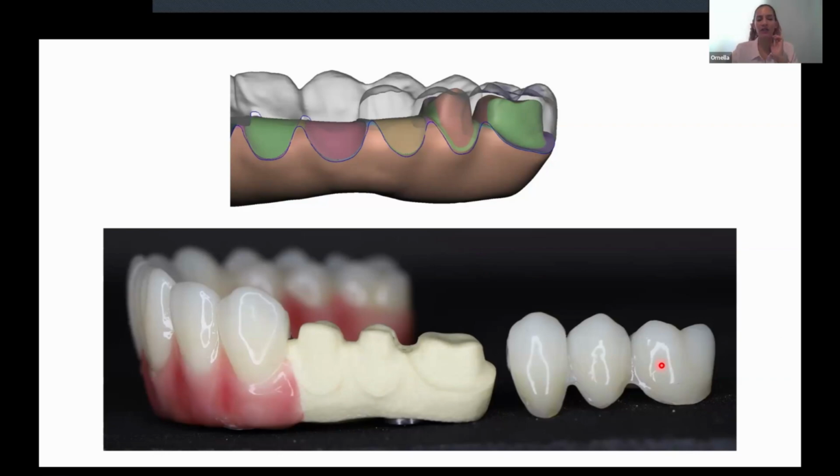So for example, if they need to substitute the molar because something happened, they only take out this bridge and then cement again or mill only that area, okay? And the rest, they leave it the way they finished. So this is also another possibility of reinforcement of the graphene technology or other materials, obviously, on the market.